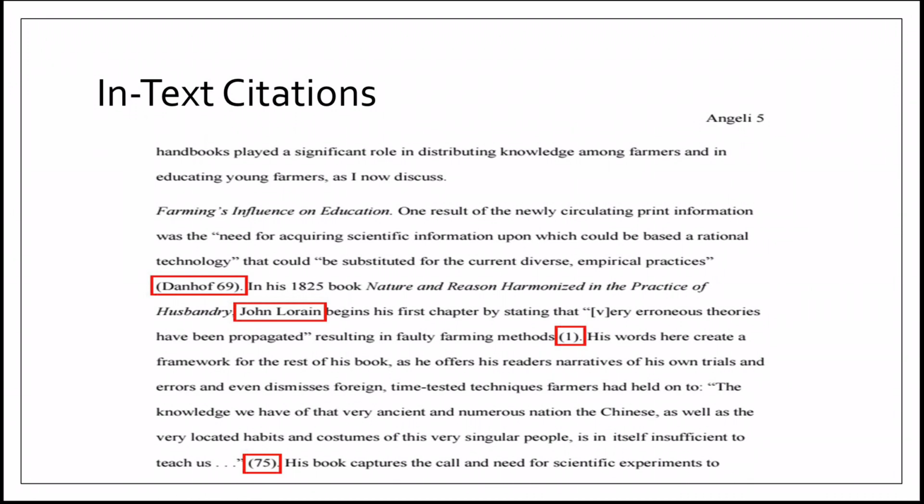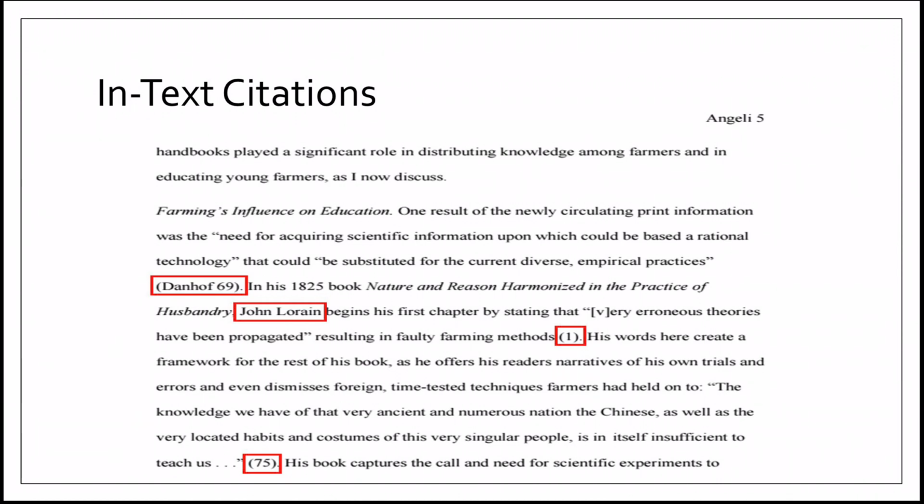And you can see it here. Here they're doing a much better job. This is the way that you want to do it, where the writer starts to write a little bit to introduce an idea, and then they take that partial quote, meaning just part of the other author's quote. In this case, it's Danhoff.